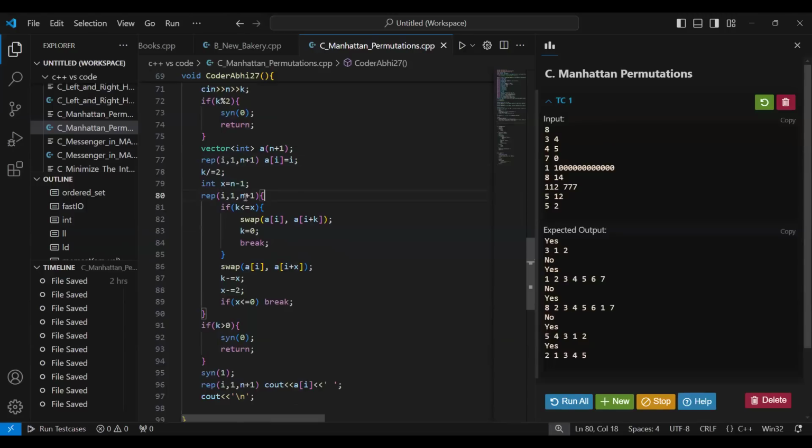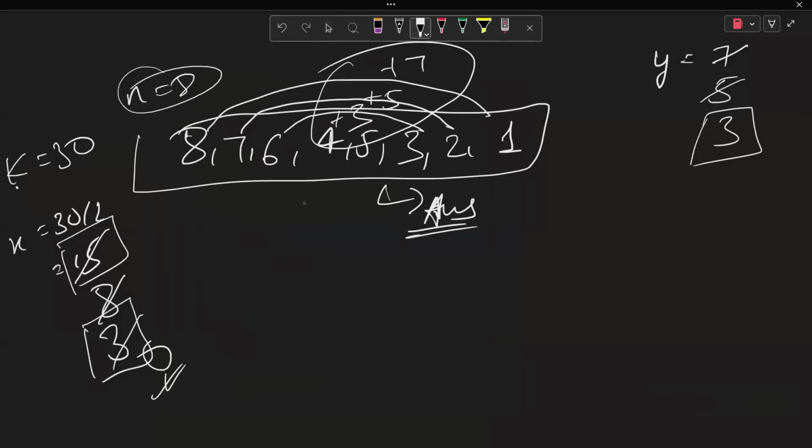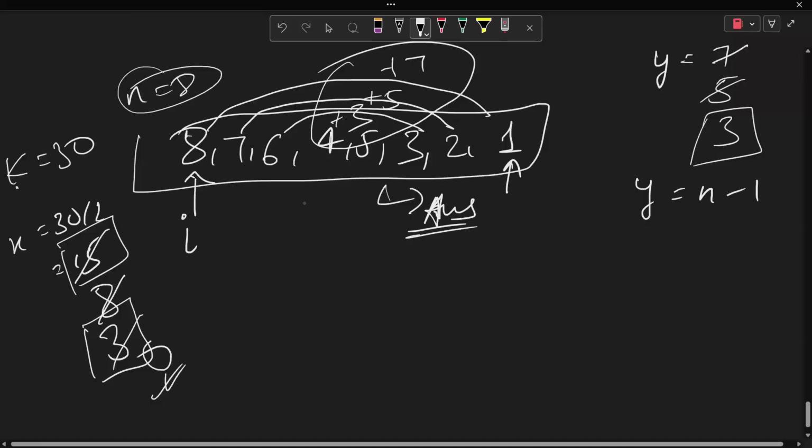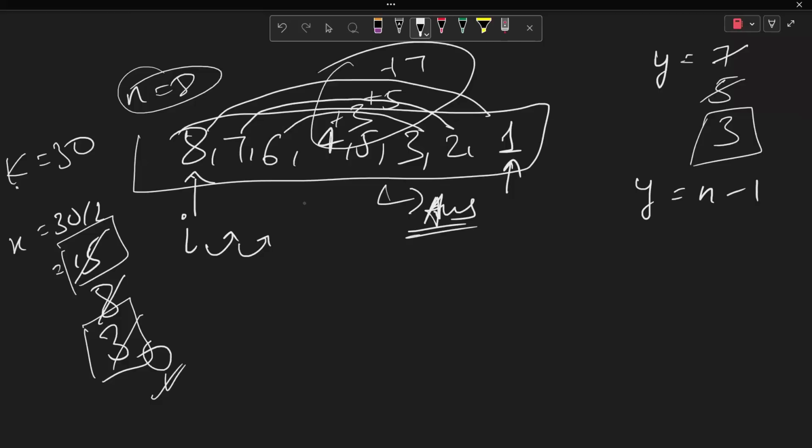Now for the swapping part, I'll take an index. Initially, when we had y equal to n minus 1, I would swap the first index with the last. So I would place my i here, and after each iteration, I would just increment my i. After the first swap, this i was swapped with the last element.